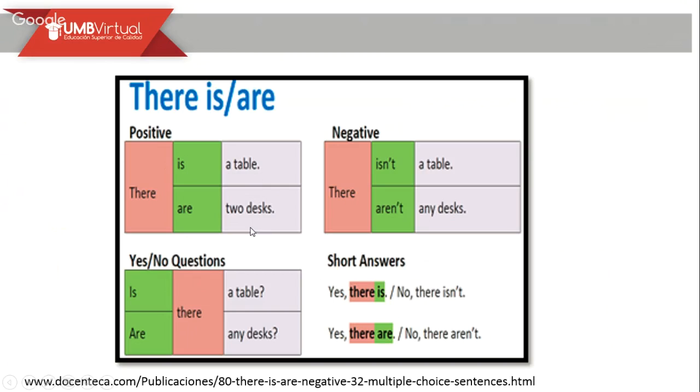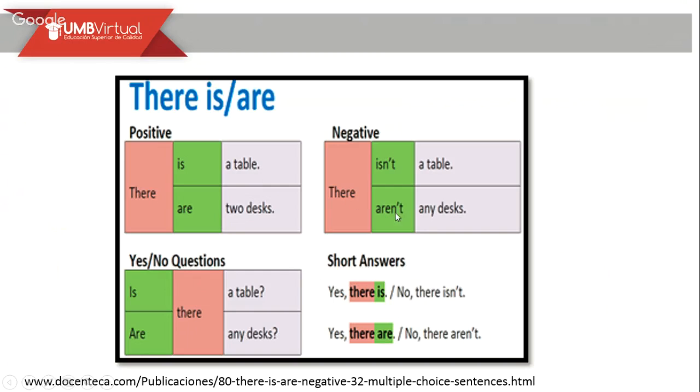So right here, porque esta suena un poco diferente al final. Dado que es plural, siempre que estamos nosotros pronunciando una palabra que termina en S, vamos a colocar esa S un poco más alargada al final de la palabra. So, desks, right? And over here, for the negative, singular, there is not or there isn't a contraction.